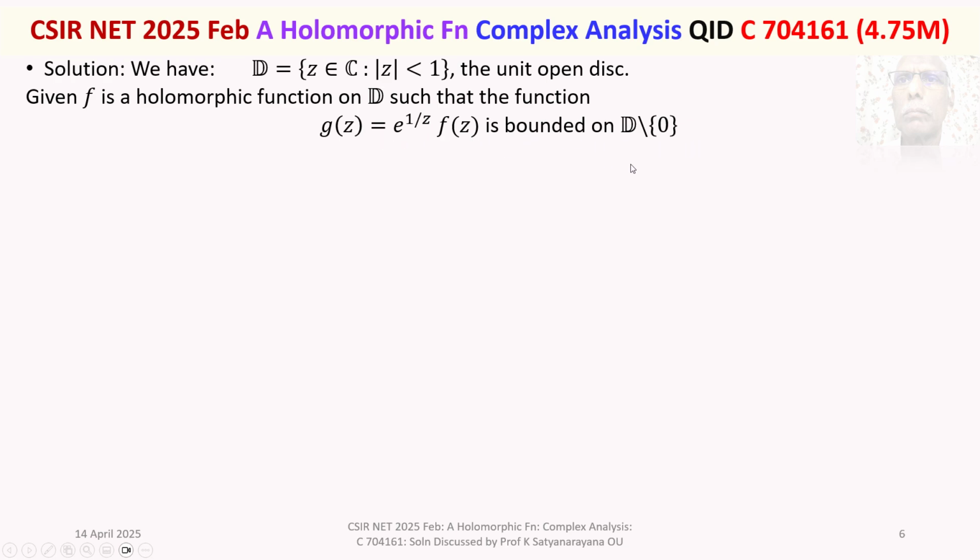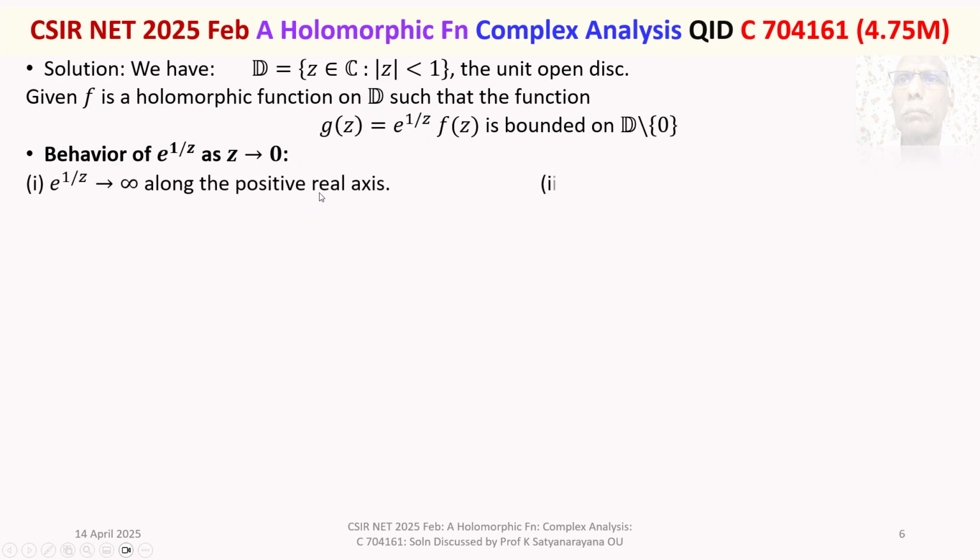Let us first of all study the behavior of e to the power of 1 by z as z approaches 0. First, along the positive real axis, as z tends to 0, e to the power of 1 by z tends to infinity.